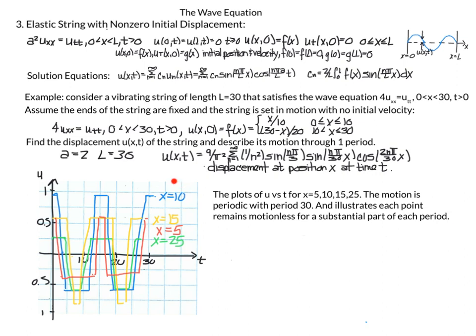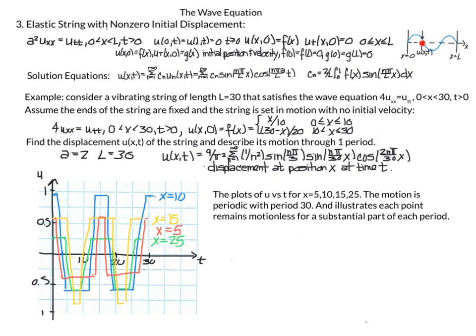So for example, at x equals 10, if the string is of length L equals 30, that means x equals 10 is a third away along the string. This is the motion of the string, and what we see is it spends a lot of time here at negative, a little more than 0.5, so let's just say negative 0.65 or something, and it spends a lot of time over here close to 1, let's just say 0.8.